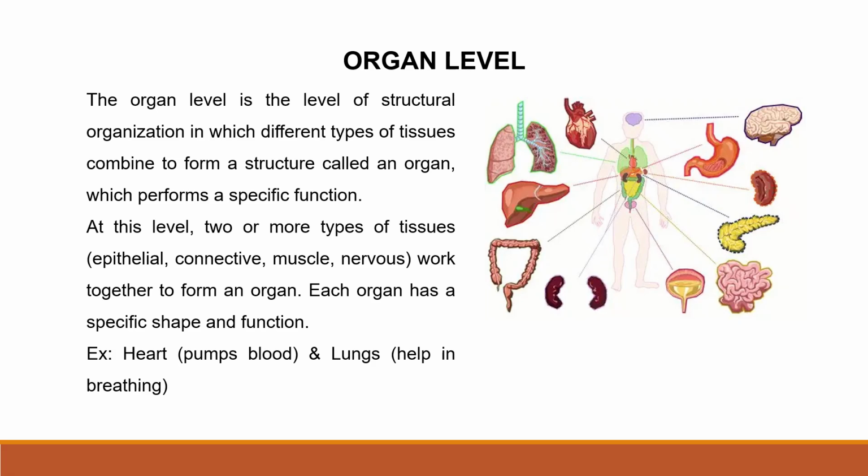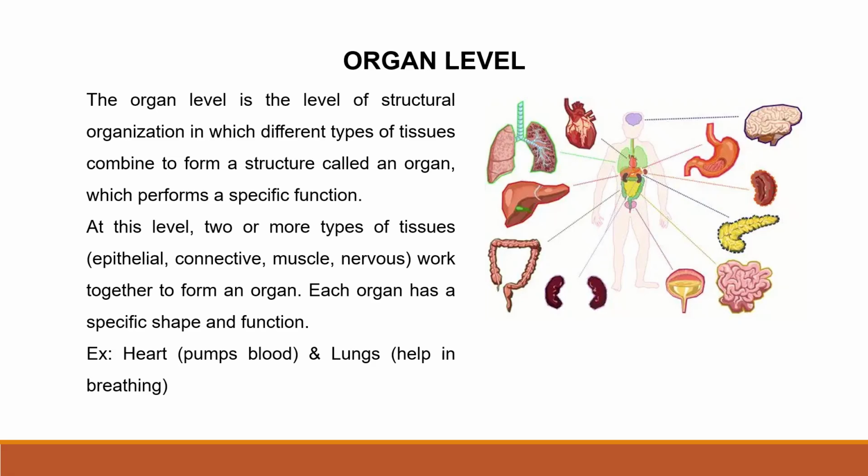So our chemical level is completed. The chemical level helps to form the cell. The cellular level is complete, and a group of cells combines to form the tissue level. Once the tissues combine to form an organ, the organ level begins. Here we can see different types of organs: brain, stomach, spleen, pancreas, intestine, urinary bladder, kidneys, liver, lungs, and heart.